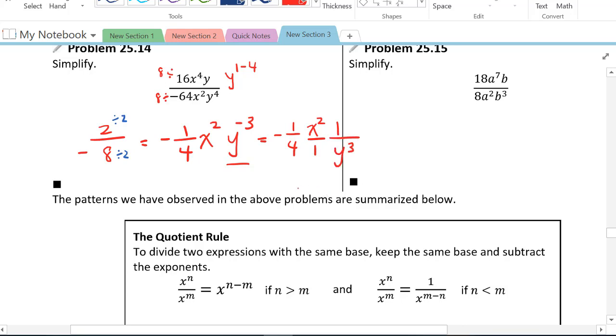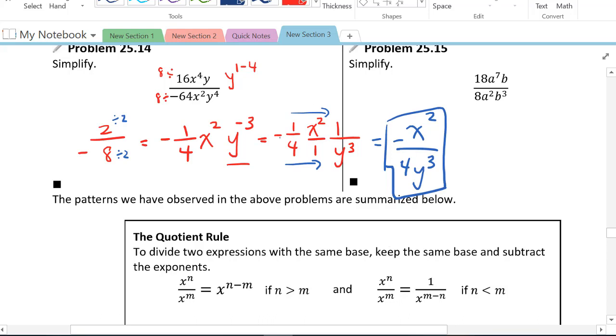All right. And then now we just multiply straight across. When we have multiplication of fractions, you just multiply straight across. So if I multiply straight across, what do I get? I'm going to get a negative x squared on top, divided by 4, and then y cubed. That's it.